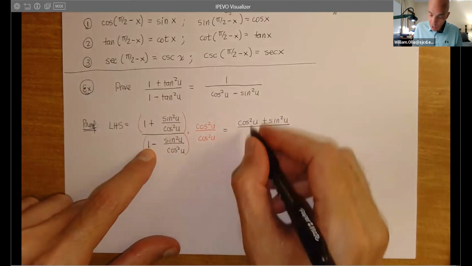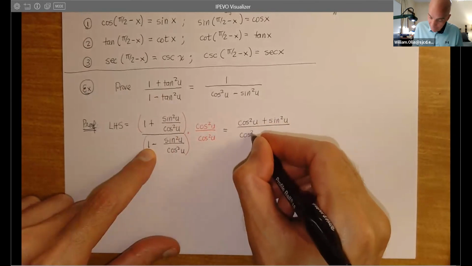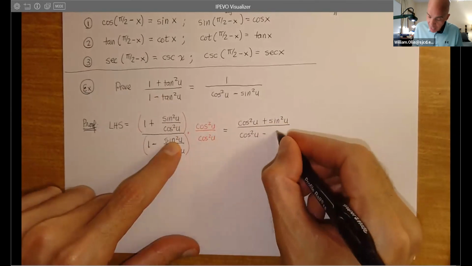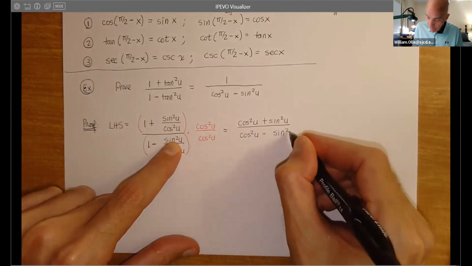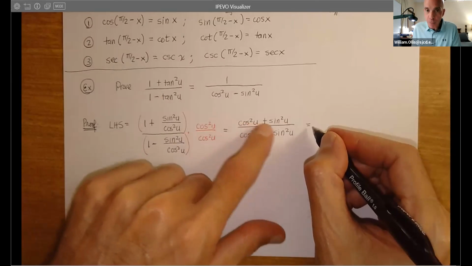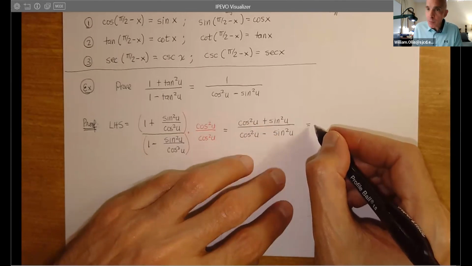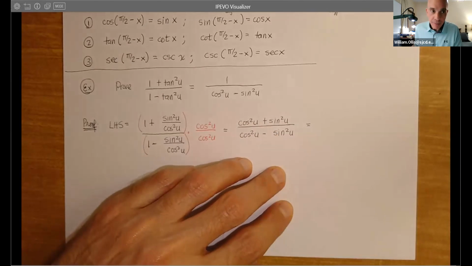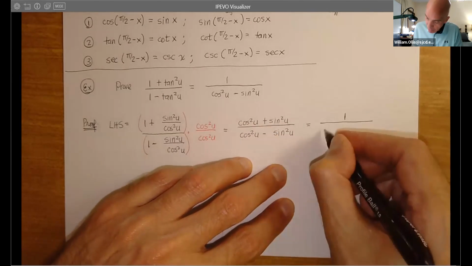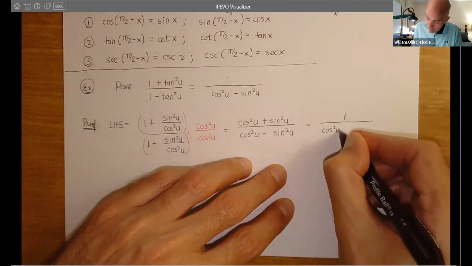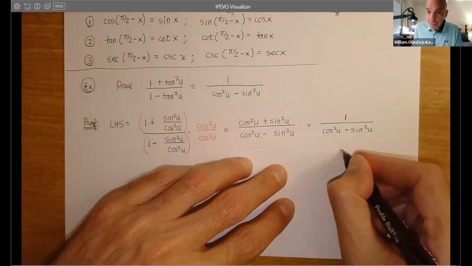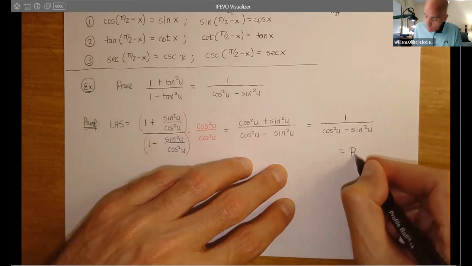We have cosine squared times 1, and then the cosine squareds absorb, and we have minus sine squared. But now, of course, the cosine squared plus the sine squared is the fundamental identity. That's just 1. So we have 1 divided by cosine squared minus sine squared. And this is the what? This is the right-hand side.